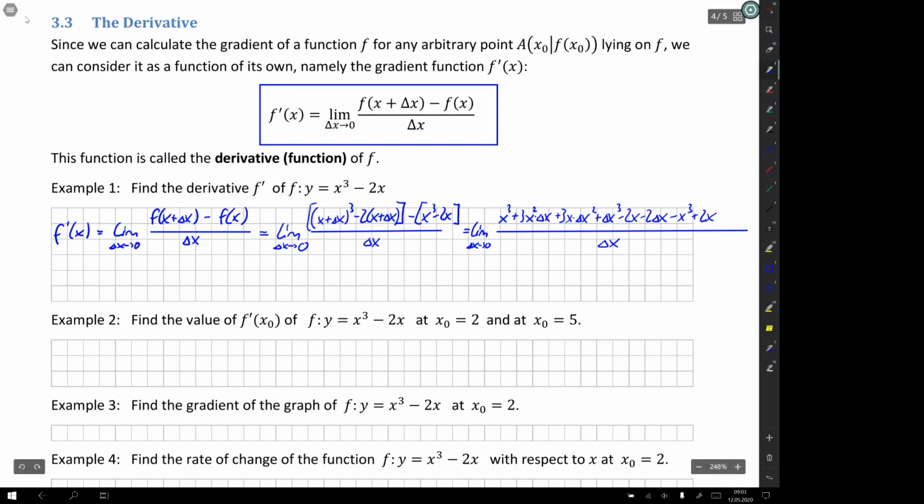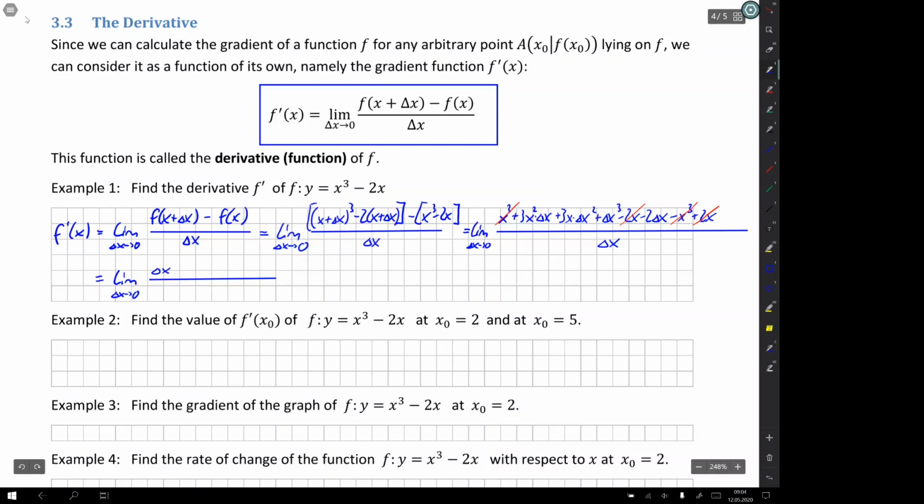So we see that the x to the power of 3 cancels out. And also the minus 2x plus 2x cancel out. So maybe let's mark it, that makes more sense. X to the power of 3 cancels out, the 2x here cancels out. So we see what remains always has a delta x as a factor in the sum.